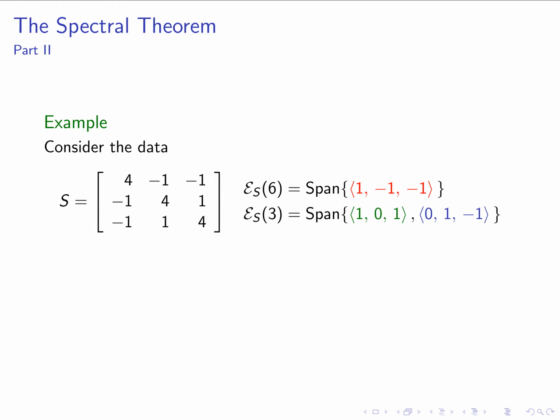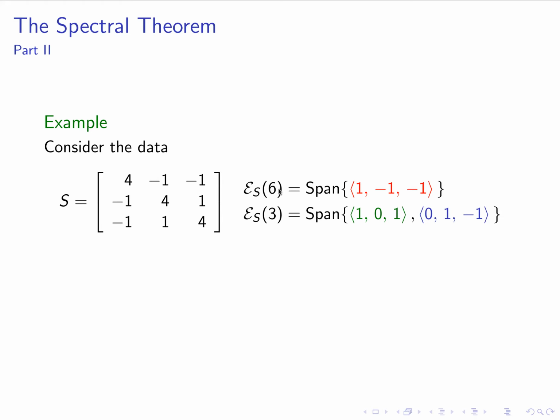So let's see an example that illustrates this point. Here we have the data of a 3x3 real symmetric matrix. And remember that real symmetric matrices are always Hermitian. So we shouldn't be surprised to find that this real symmetric matrix has real eigenvalues. And those real eigenvalues are 6 and 3.